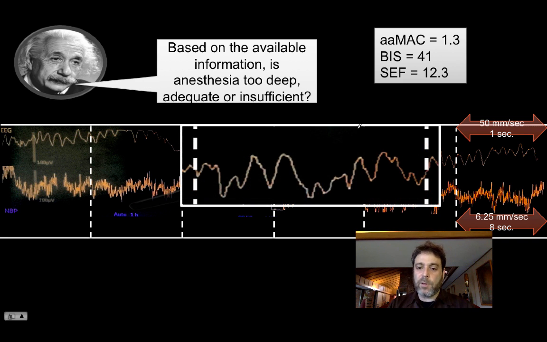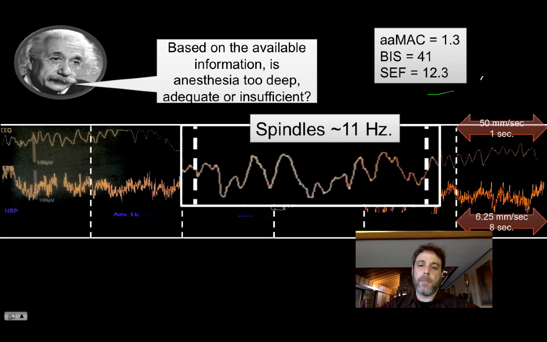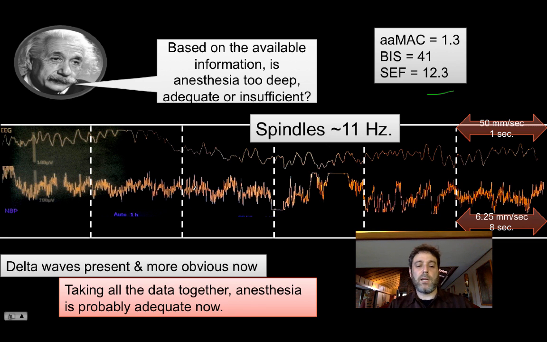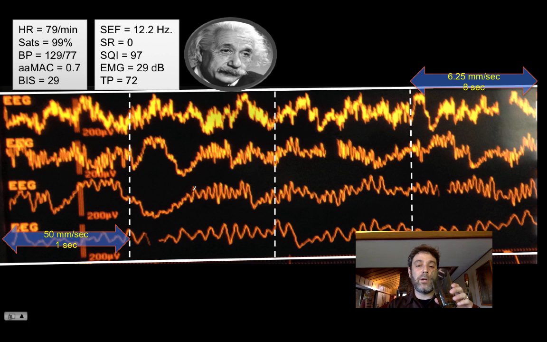Now you can count 1, 2, 3, 4, 5, 6, 7, 8, 9, 10, 11 Hertz, consistent with the spectral edge of 12.3 and a BIS of 41. So now we can see these delta waves that are more obvious, and this is anesthesia adequate or maybe even slightly on the deeper side, but not necessarily based on the EEG criteria.